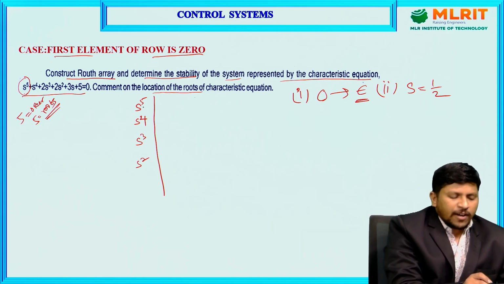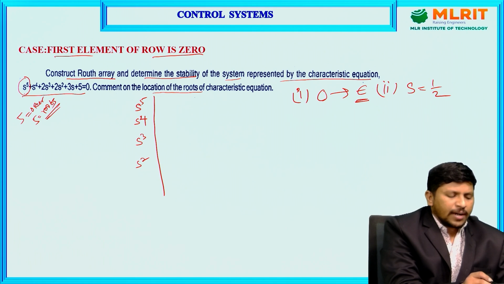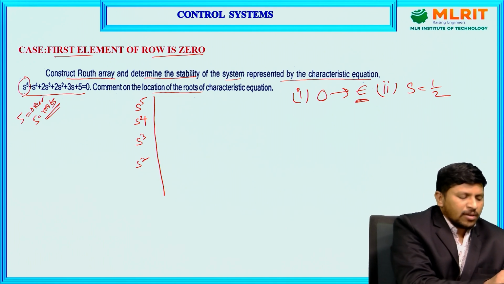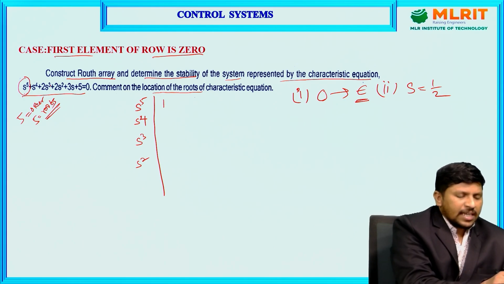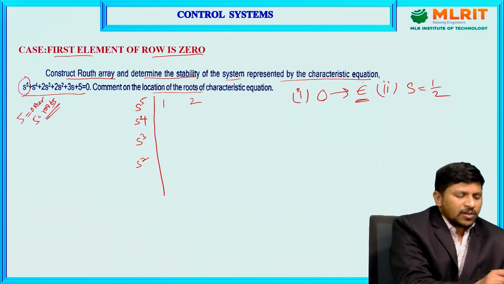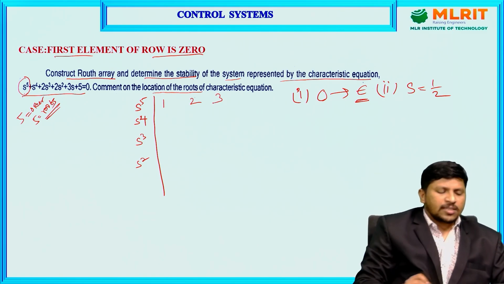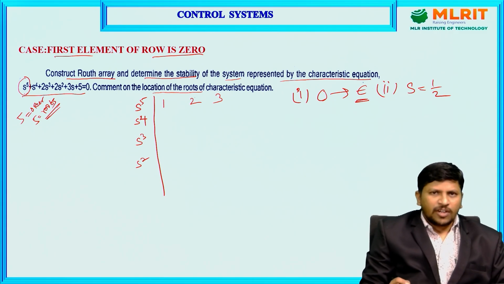S power 5, 5 is an odd number, so the row takes odd-power coefficients of s. The coefficient of s power 5 is 1, the coefficient of s cube is 2, and the coefficient of s power 1 is 3. This is the first row, the s power 5 row, arranged from the given question.